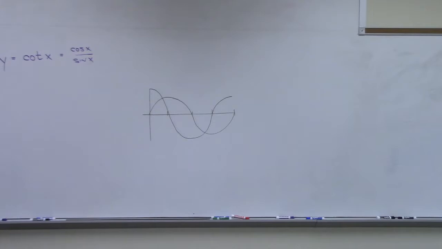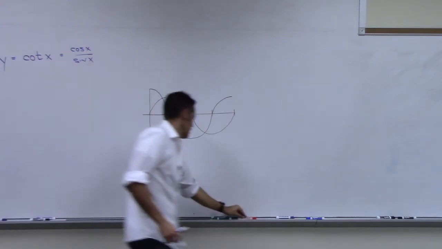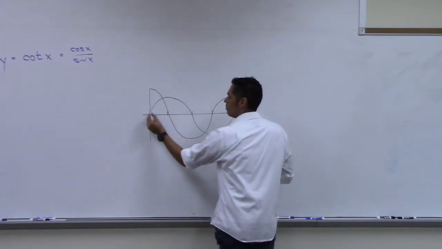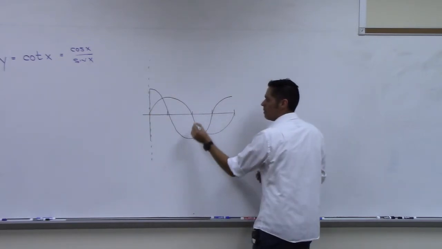Where am I now going to have the vertical asymptotes occur? Well, where is this thing undefined? When sine is 0, right? And sine is 0 at 0, and where again? Pi.